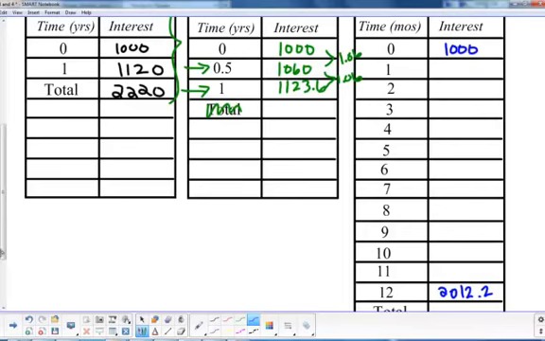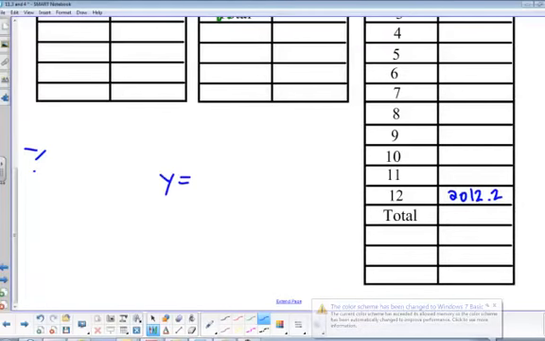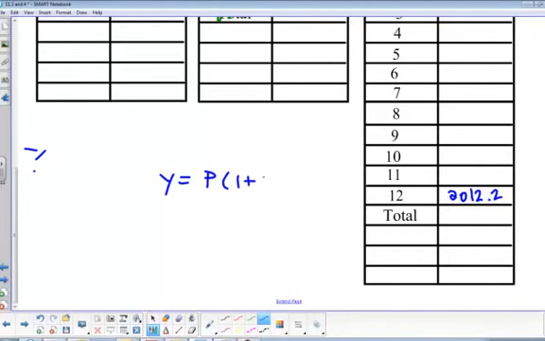But the easier way to do this is to work with the formula. Y equals P times 1 plus r over n to the nt. So the principal being $1,000, compounding at 12%, 12 times a year for 1 year.